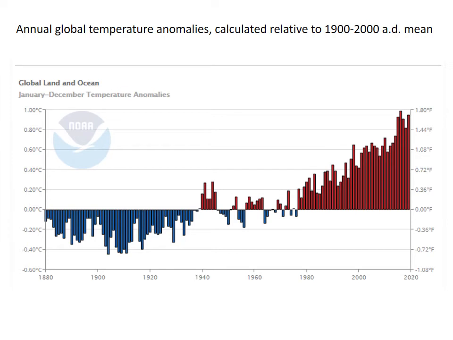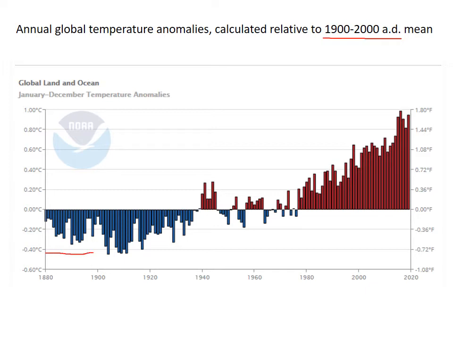This graph here shows annual global temperature anomalies calculated relative to the 1900 to 2000 AD mean. So the 20th century average temperature is what everything is adjusted to. You can see that there was this cool temperature anomaly.